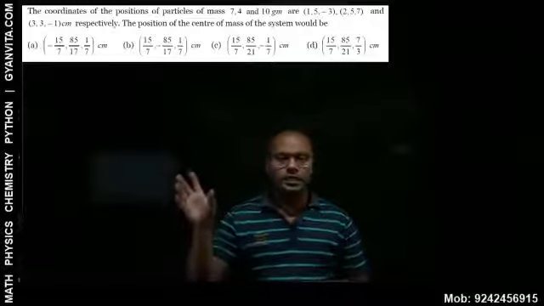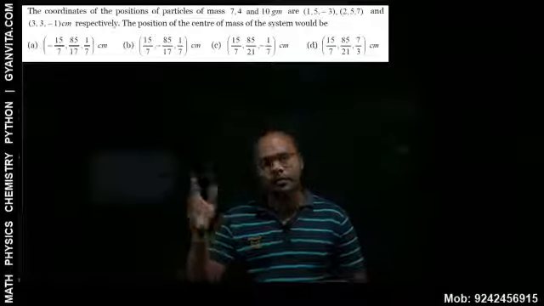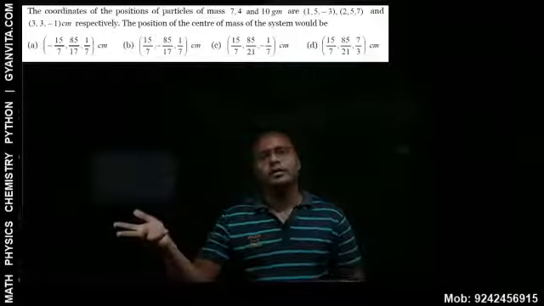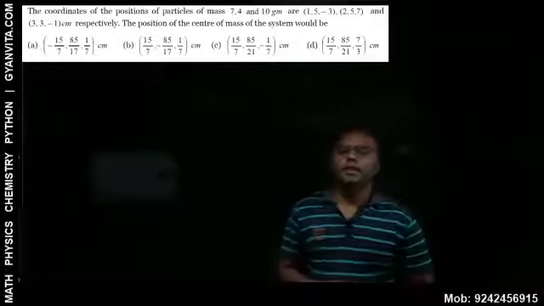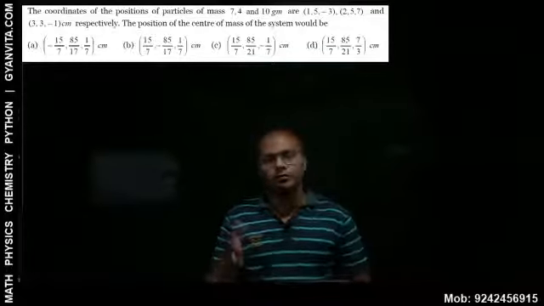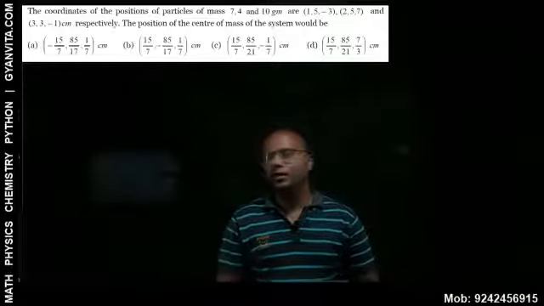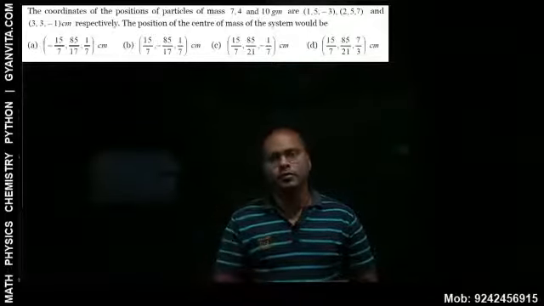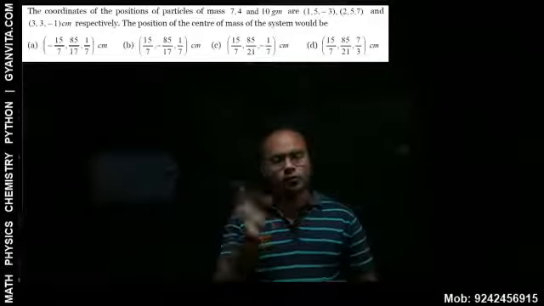For example, it can be a sphere, a cylinder. Sphere, cylinder, disk, and ring are the most common shapes which you will find in your questions, and even in your examinations you will find such bodies involved in the problems you will be solving. So pay attention to those shapes, right?